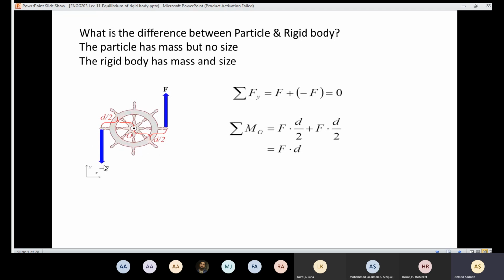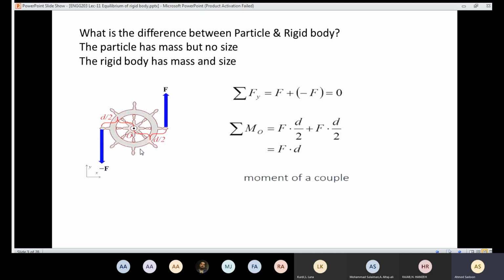And here I'm going to have F times D over 2, which is also positive, because this one here is going to produce a counterclockwise moment. So take this as a common factor. D over 2 plus D over 2 gives D. And that is the moment of a couple.